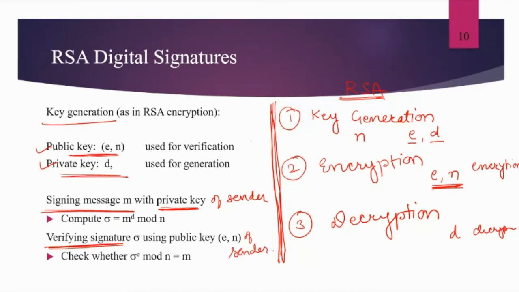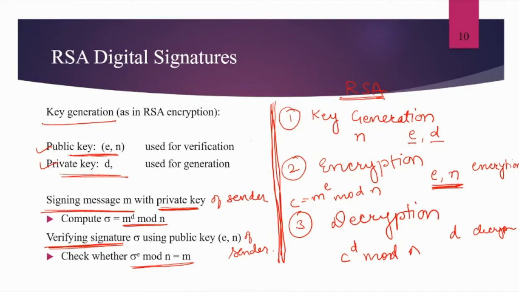The formula, if you remember, was m to the power E mod n, which becomes m to the power d mod n here; just the reverse. It will generate C, and we applied the private key on C, and here we applied the public key. So this is how digital signatures work.